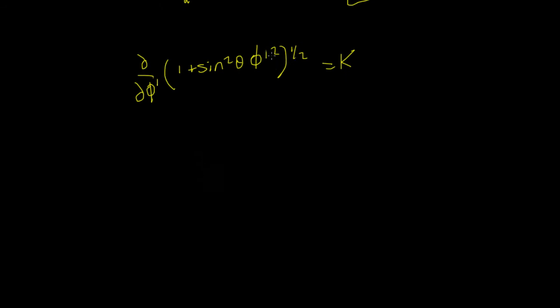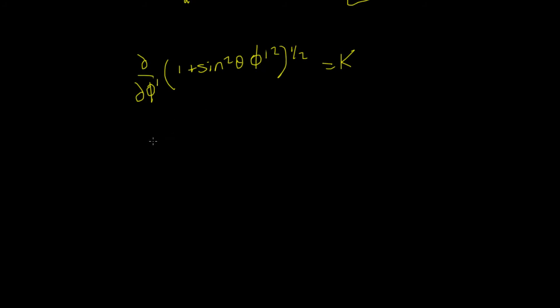We have half of this to the power of minus a half, and differentiating this we have sine squared theta times 2 phi derivative, and the 2's cancel out.